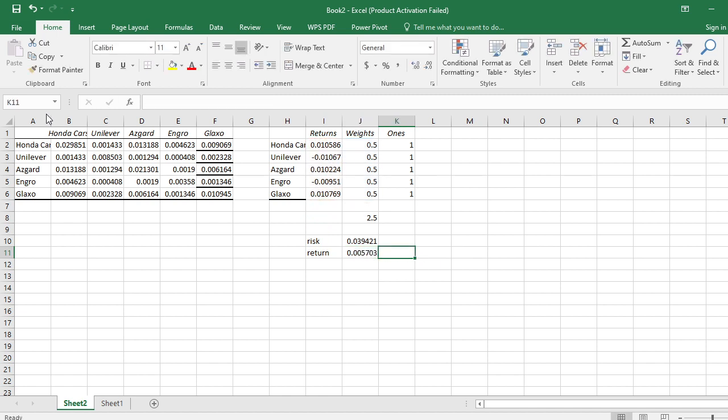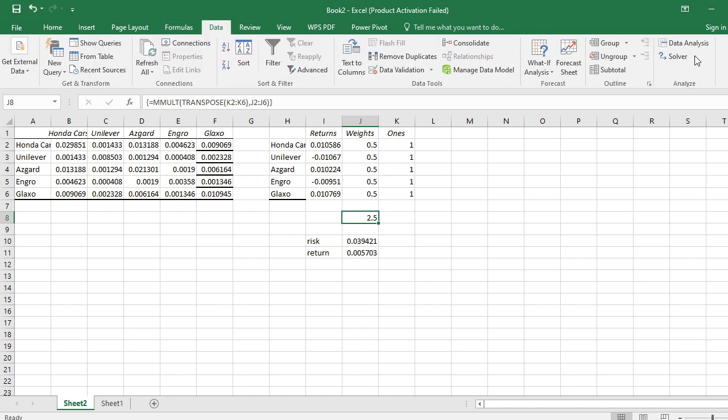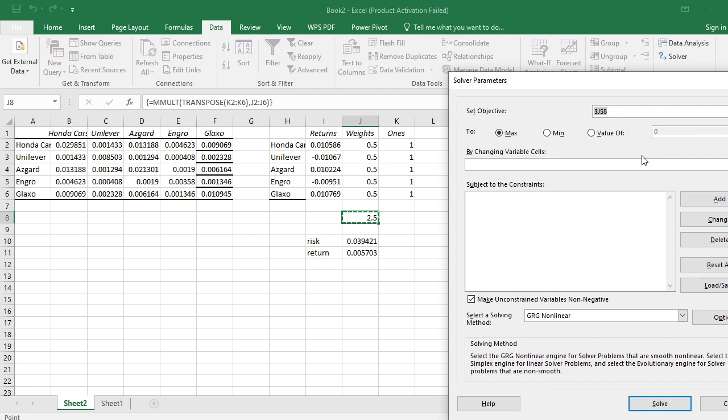So these are the actual return and risk of the portfolio with these weights, but we are violating one condition, that our wealth is exceeding 100%. So I solve this situation with the help of Solver, where my target cell is this. I want to get this to a minimum.